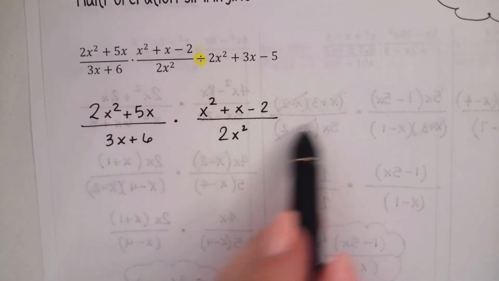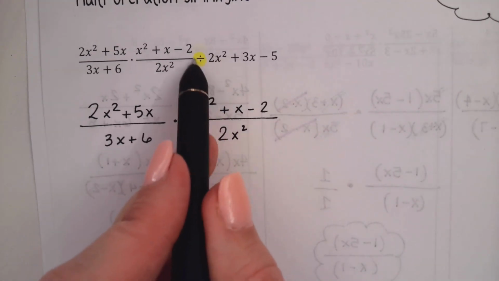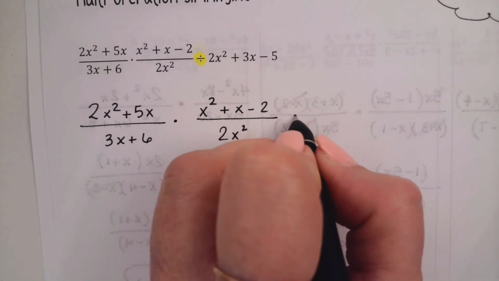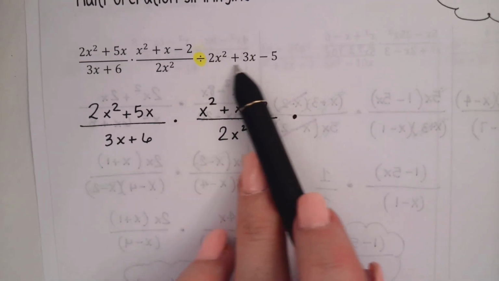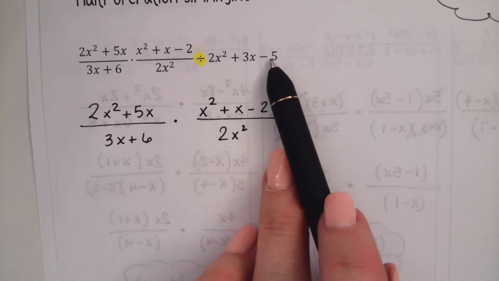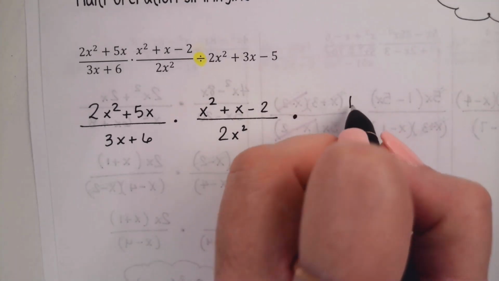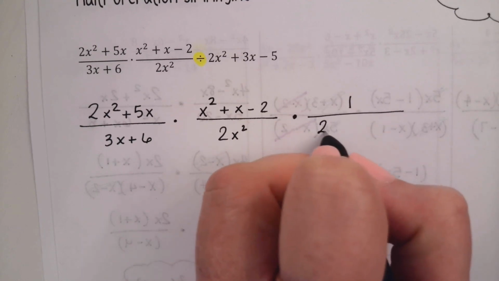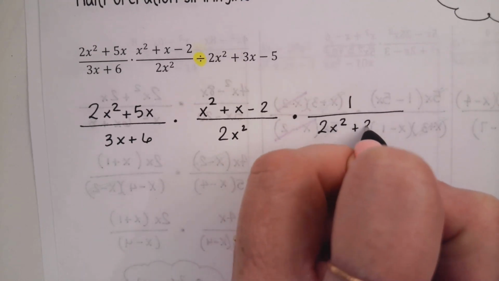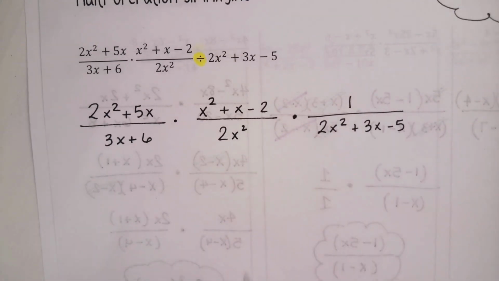So this is all the keep. Keep all of this. We're going to take our division sign, change it to multiplication. And what do I get when I flip this last one over? 1 over 2x squared plus 3x minus 5.